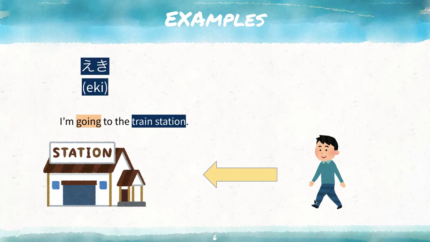After the destination eki, the next word would be ni or e. In this case, we're going to use ni. So eki ni.